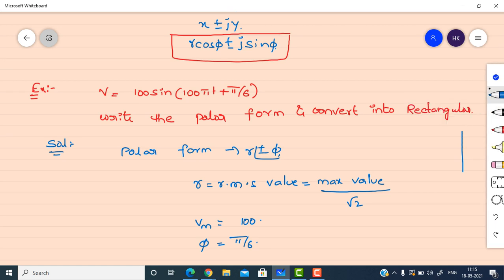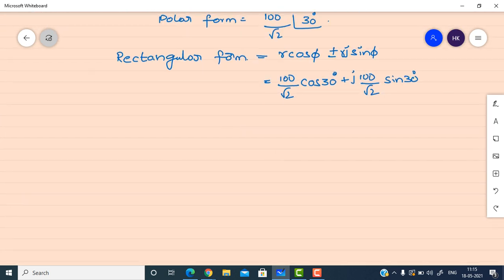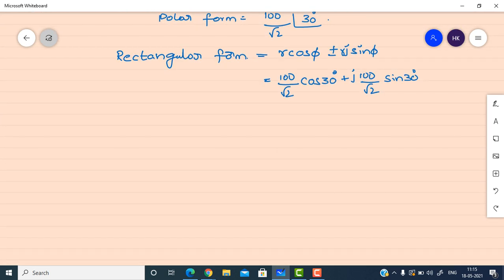Here the y component is r sin phi. Now this is the rectangular form equation. So we converted the given polar form into a rectangular form.